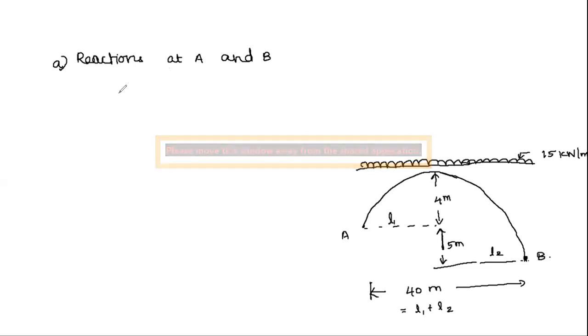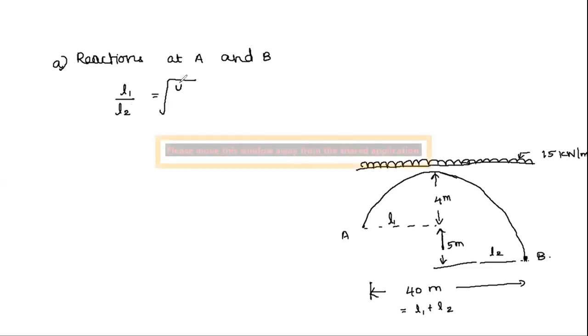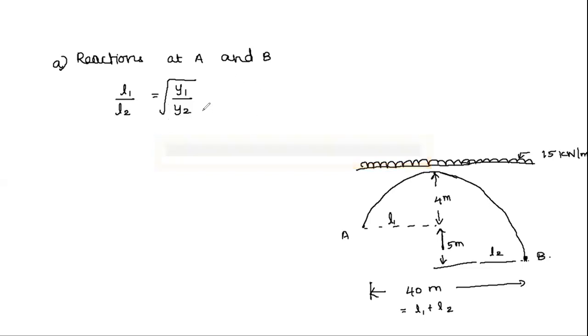So we have L1 by L2 is equal to root of Y1 by Y2. Here the lengths L1 and L2 are different. A is 4 meter, B is 9 meter from the ground. This relation is common for problems which have springings at different levels.